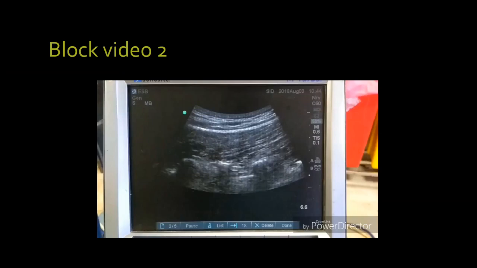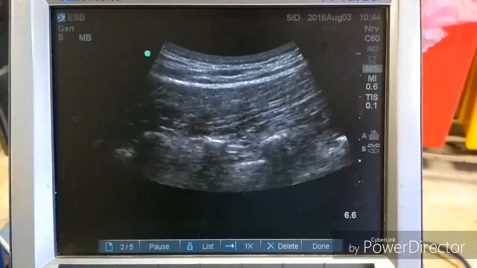Let's see block video 2. Here the patient was obese and the block was done at L1 with a curvilinear probe.